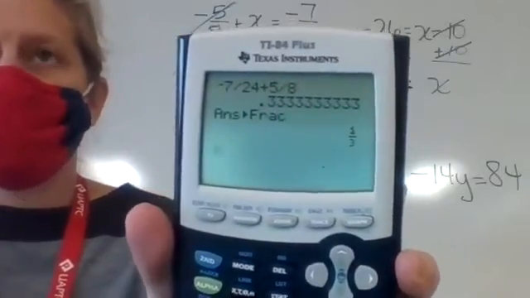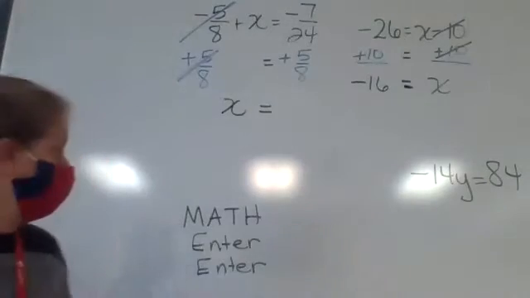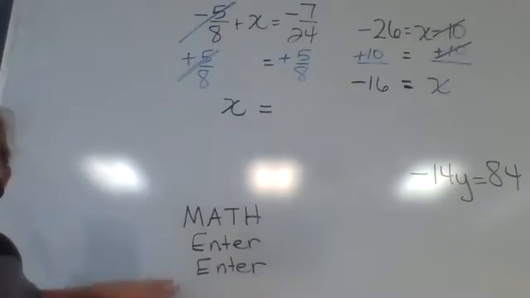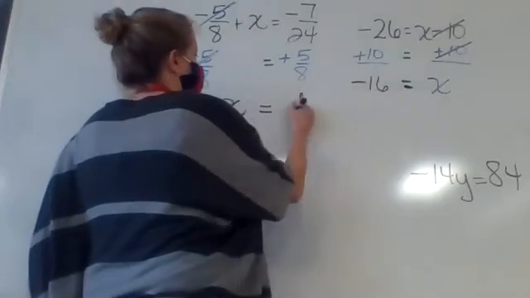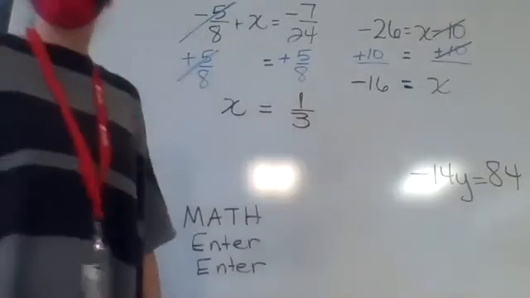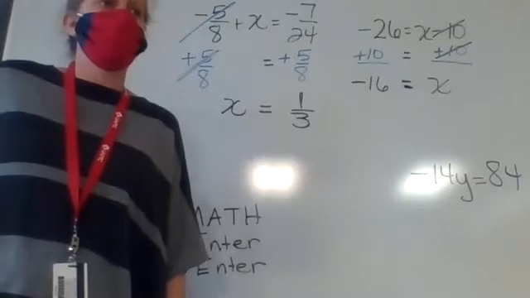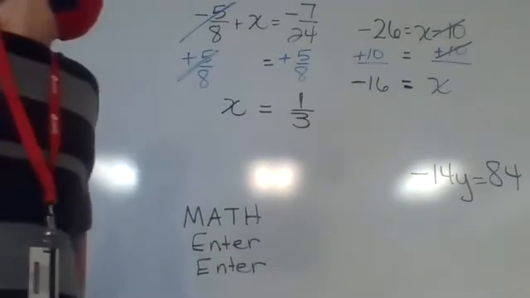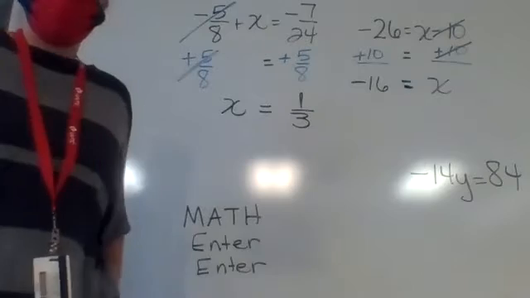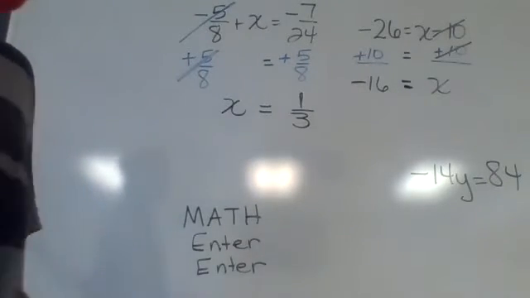So again, decimals to fractions, just hit math, enter, enter. That'll turn your decimal into a fraction, and not only that, it will reduce it and put it in simplest form for you also. Math, enter, enter is your best friend on this calculator.